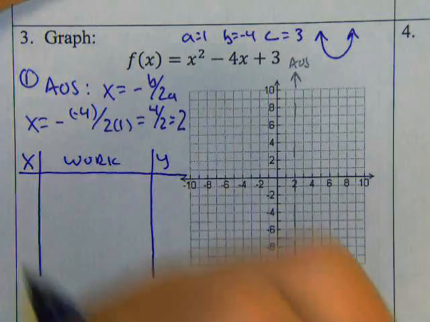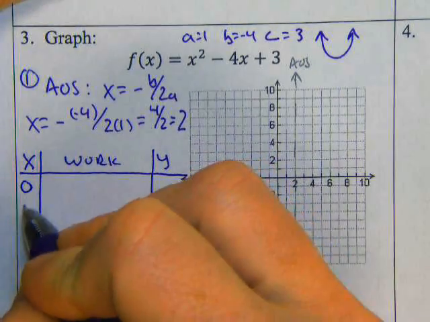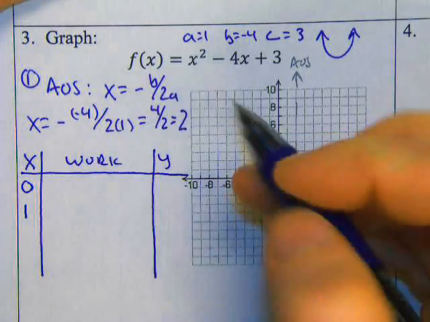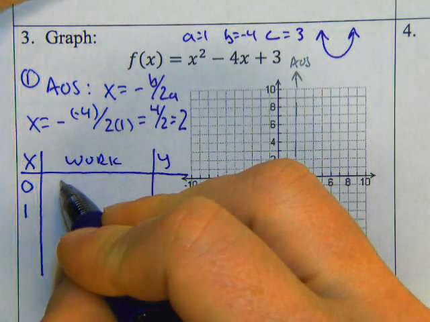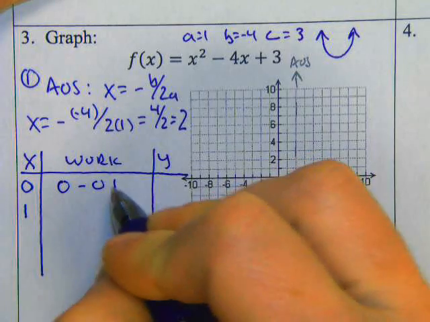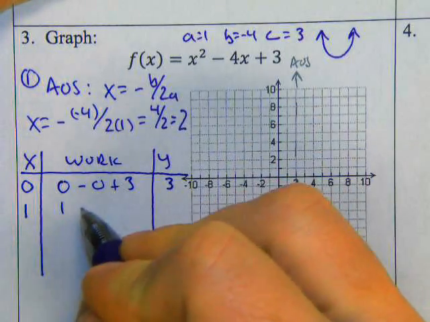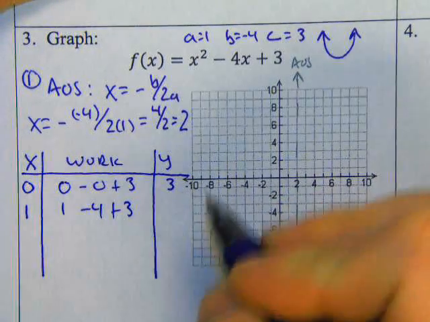But I'm going to start with this. Favorite numbers, 0: 0 minus 0 plus 3 is 3. 1: 1 minus 4 plus 3 is 0.